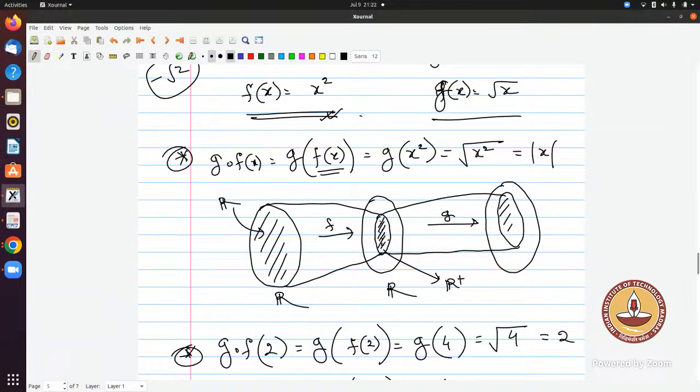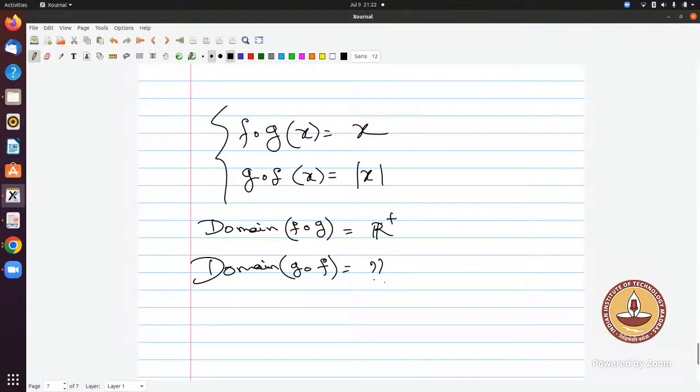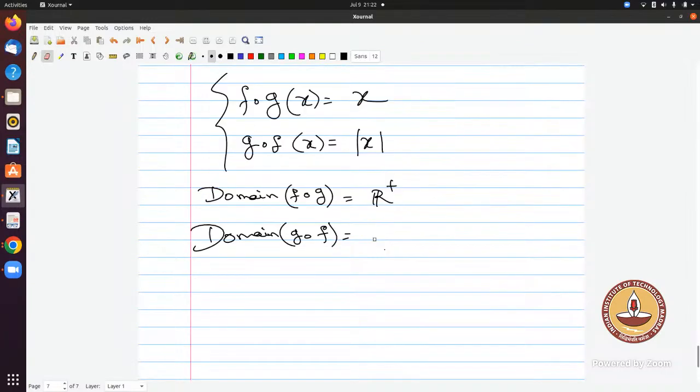So eventually the domain of G compose F is R. So the domains of F compose G and G compose F can also be defined. Is it clear? Yes, sir. So this is a really important thing for composition of two functions.